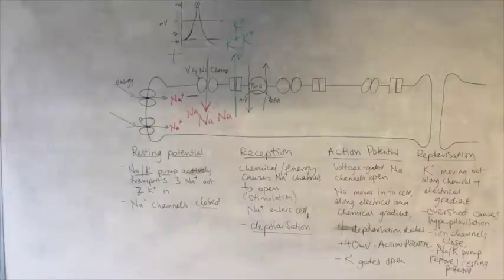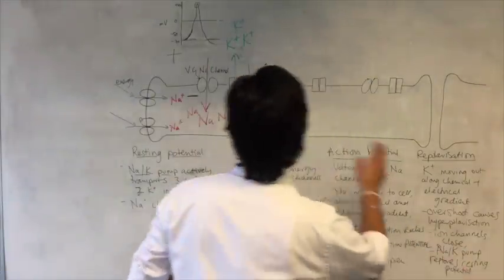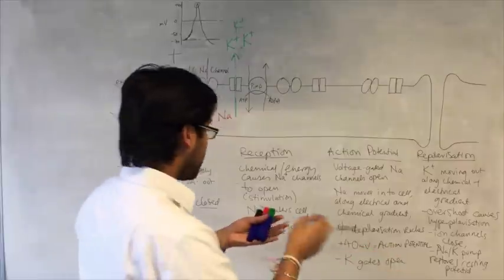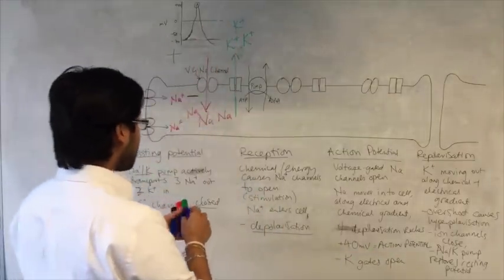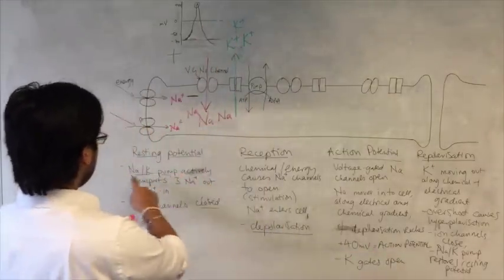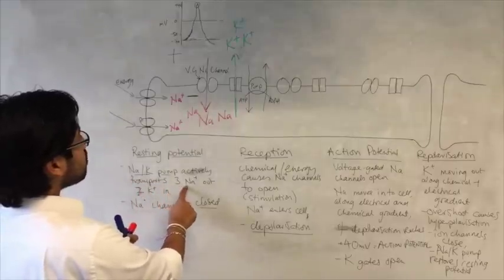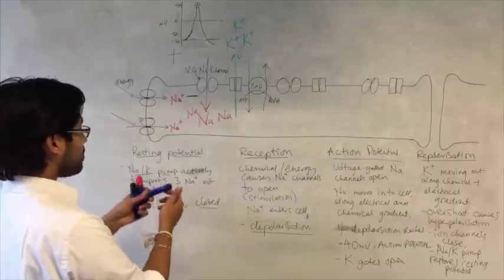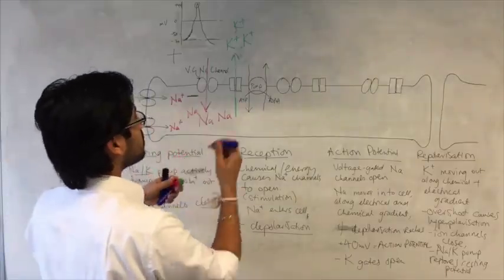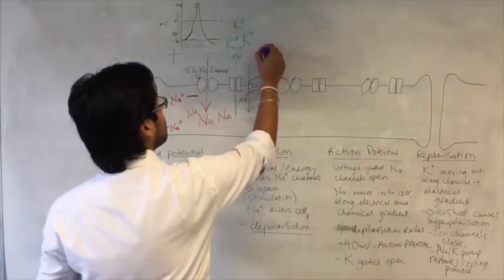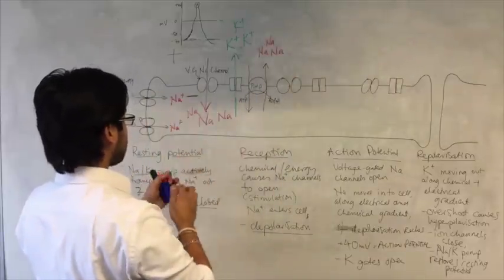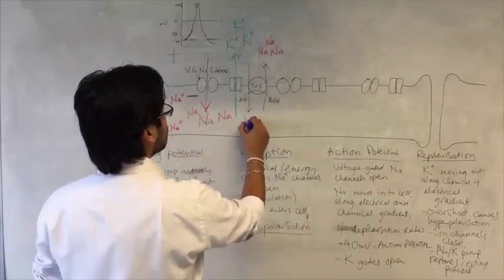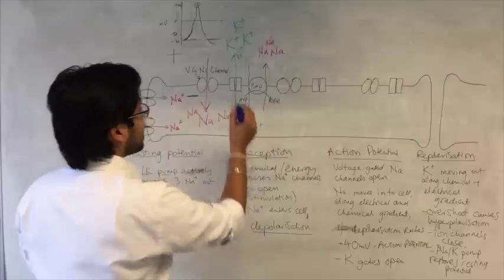So, the sodium-potassium pump restores the resting potential simply by doing what it does. Remember, lots of potassium now outside, lots of sodium inside. What does the pump do? Remember, it transports 3 sodiums out, 2 potassiums in.